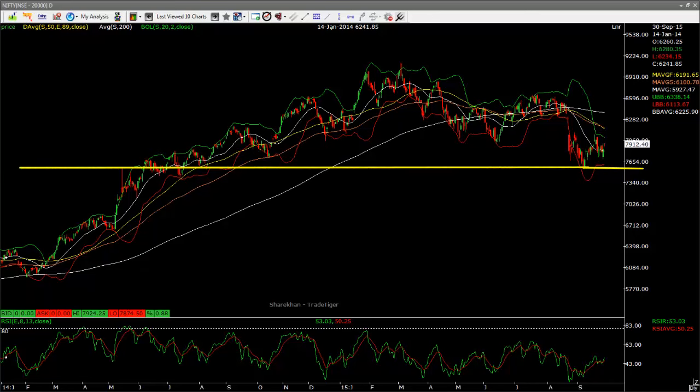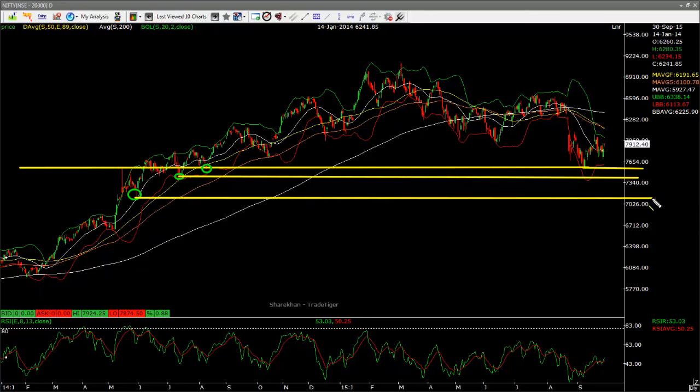So let's always look back to the left side and see where the market bounced. So this was one area, this is another area, and then we have it like down here. Now these levels are somewhere close to 7,400, and then this one would be about 7,050.